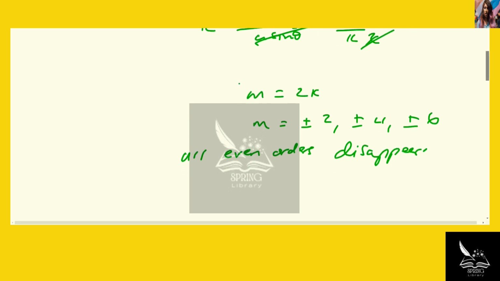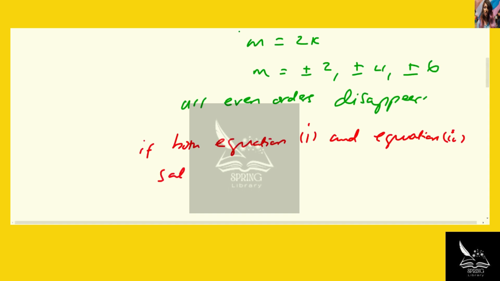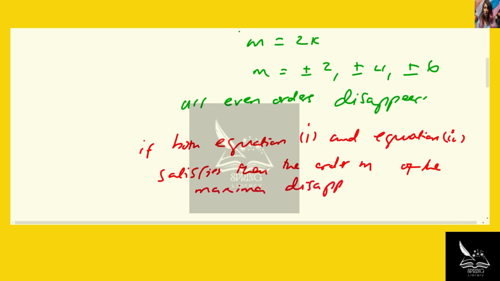Another way you could say it is that if both equation 1 and equation 2 are satisfied, then the order m of the maxima disappears. The order m of the maxima disappears.